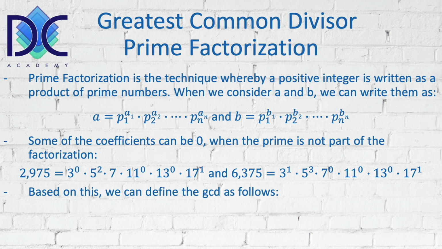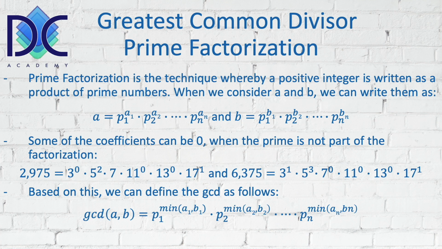Now, based on this, we can define the greatest common divisor of two numbers as the product of the primes and the powers, but when I have the different primes, I take the minimum of the powers of the two numbers.